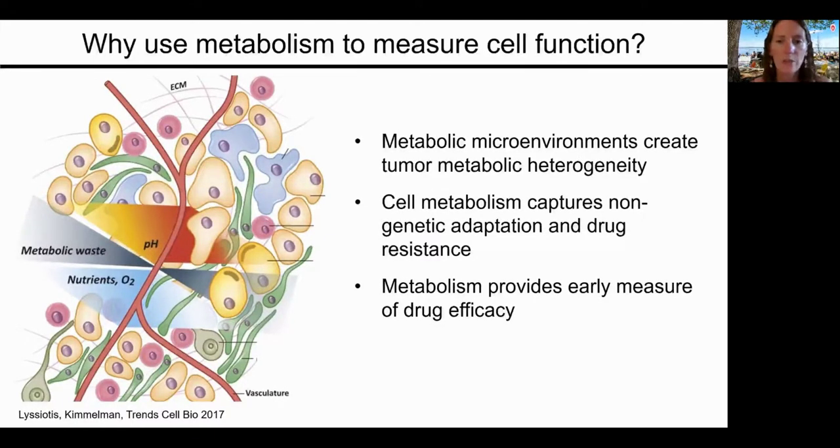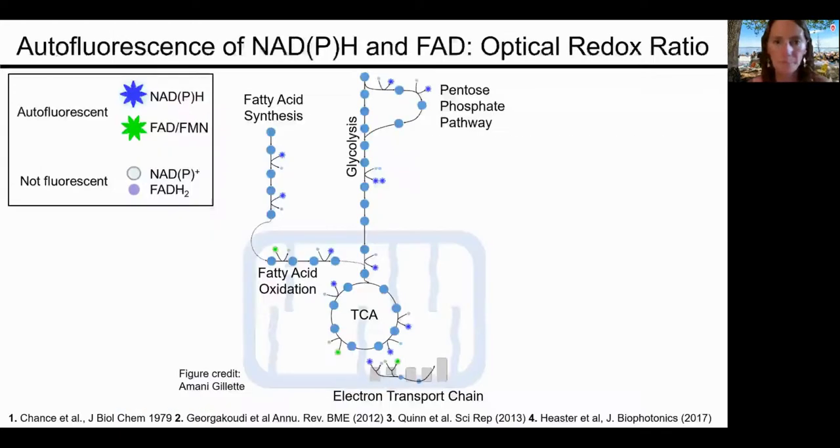We also know that cell metabolism can capture non-genetic adaptation in drug resistance. It's not very well captured by current techniques, so it offers some ability to fill a niche that's currently not met. And we know that within the tumor, there are selective pressures that create metabolic microenvironments that really do contribute to tumor heterogeneity. And so we can capture that with our techniques.